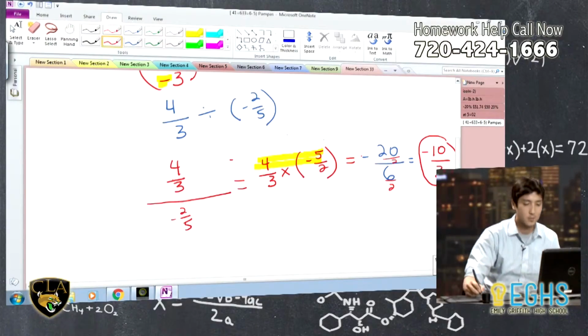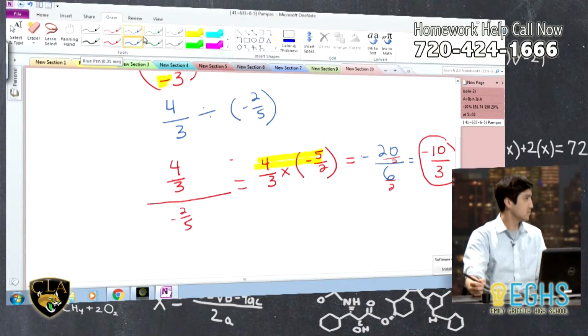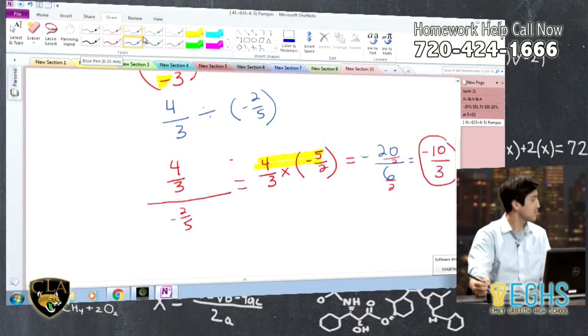Another way to write this would be as a mixed number, and I don't really ever use mixed numbers once we get out of middle school, I think. Right? You would definitely see it more as a decimal, like -10 divided by 3. It's going to be 3 point something.